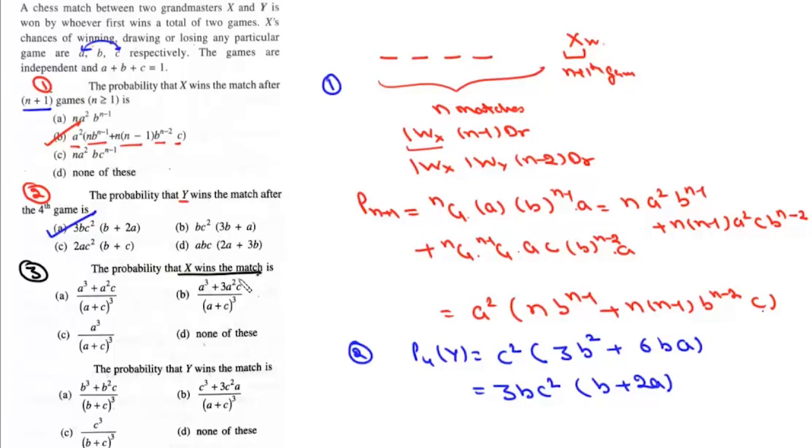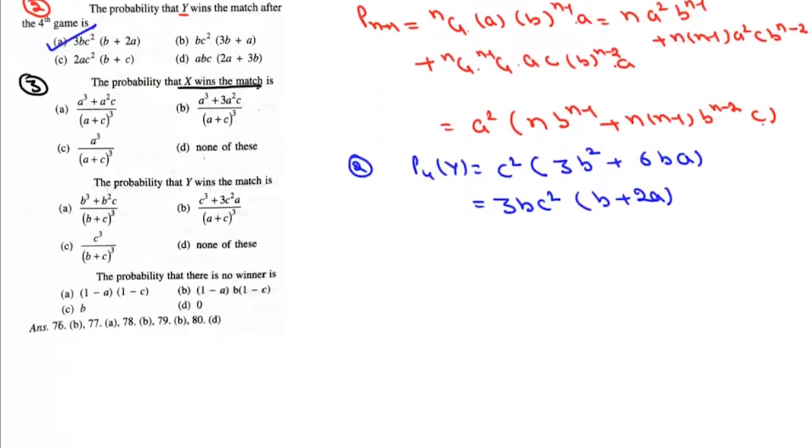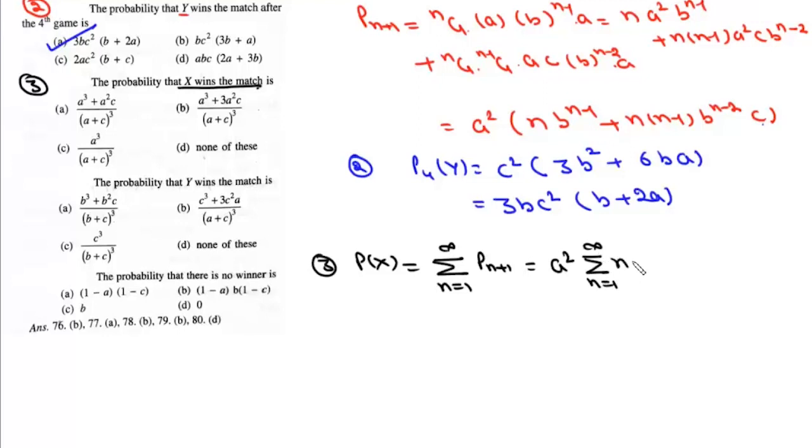Now X is going to win the match when the value of n varies from 2 to infinity. So the probability that X wins the match will be the sum over n from 1 to infinity of P n plus 1, which is A square into the summation n from 1 to infinity of n B to the power of n minus 1, plus A square C into the summation n from 1 to infinity of n minus 1 B to the power of n minus 2.